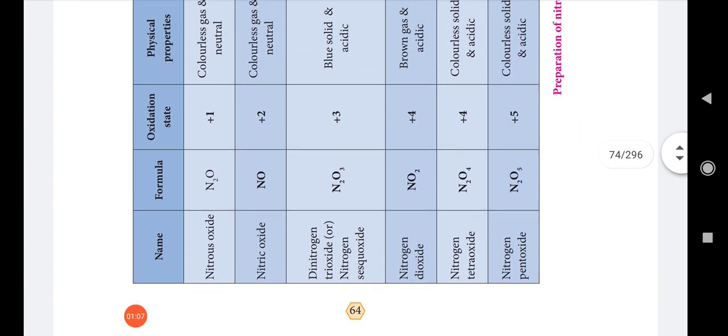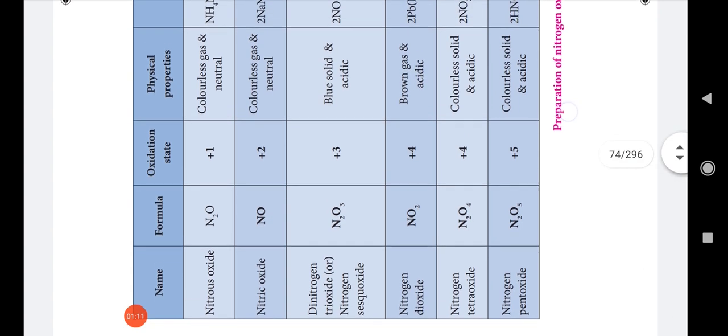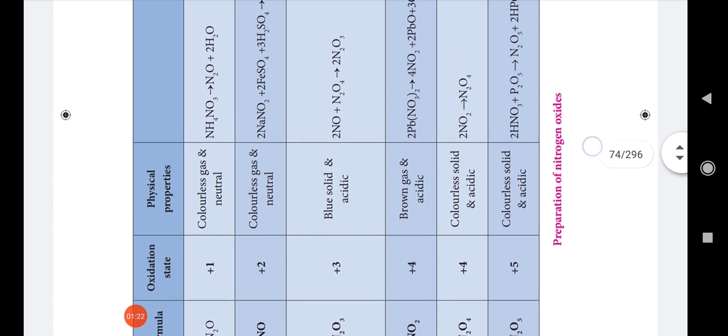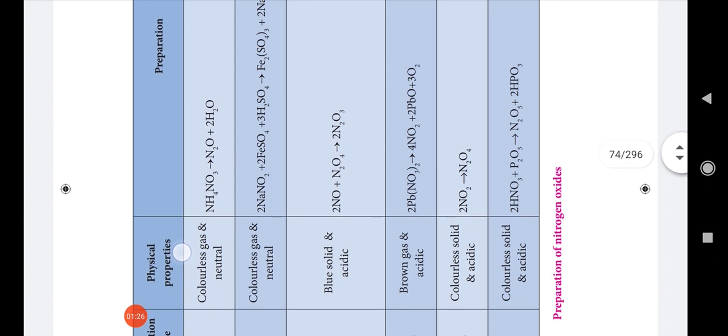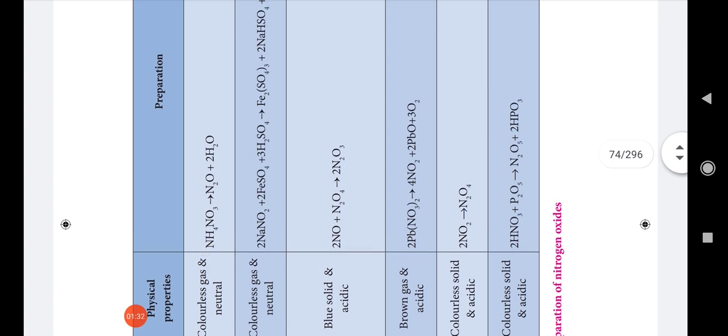The next oxide is nitric oxide. Its molecular formula is NO. Its oxidation state is +2. Its physical property is a colorless gas and neutral in nature. It is prepared by treating sodium nitrite and ferrous sulfate in the presence of concentrated sulfuric acid.